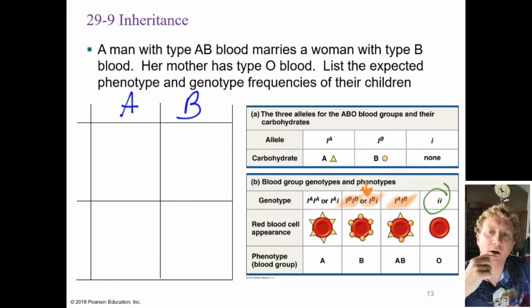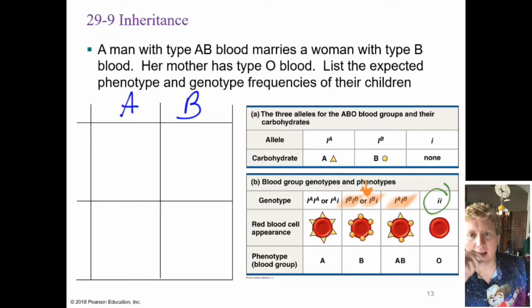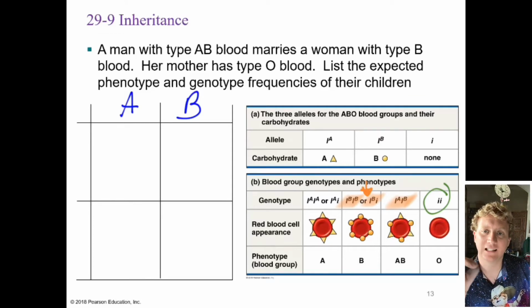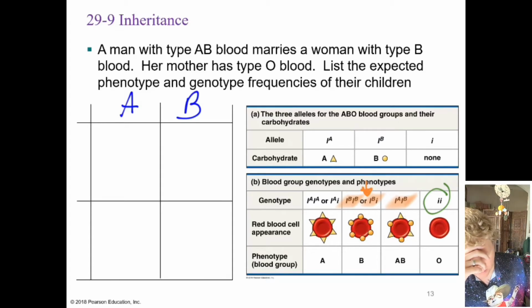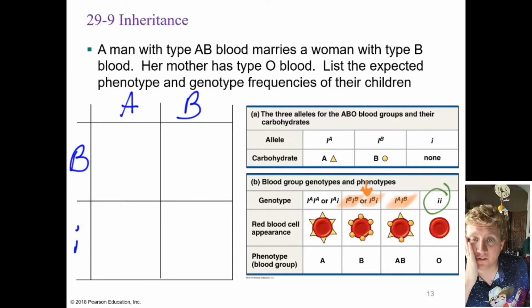That means if grandma is O, we can say mom is I^B, little i. Okay, so I'm going to use it as B, little i. And so I'm going to figure out what my possibilities are.